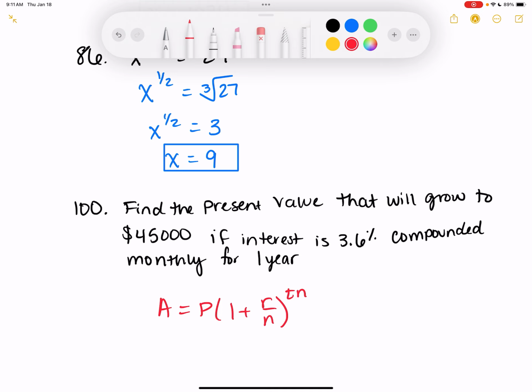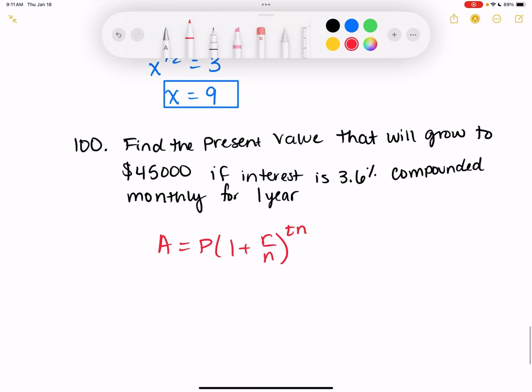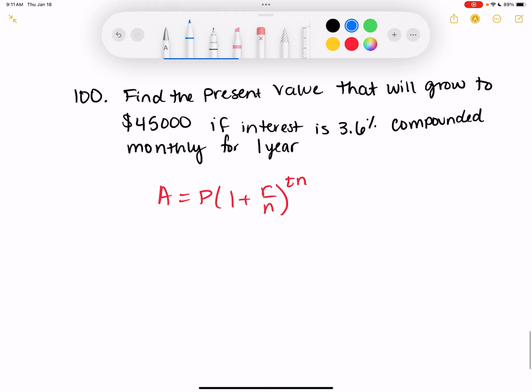These problems are worded differently than the other book does. So the amount that it is growing to is 45,000. That's going to be A. The interest rate is 3.6%.